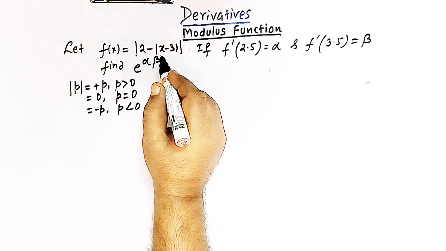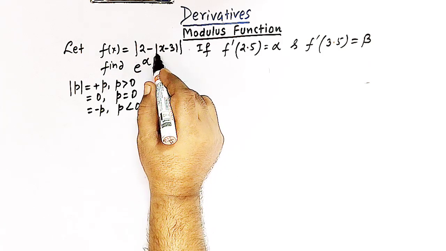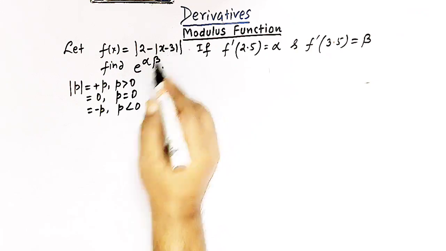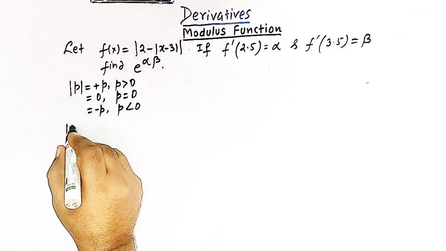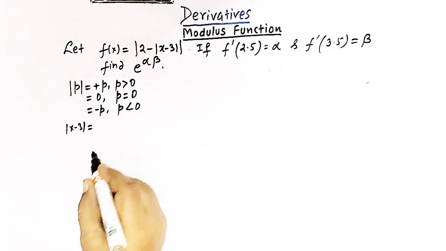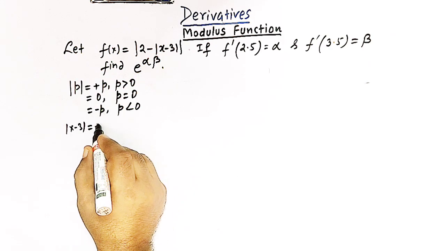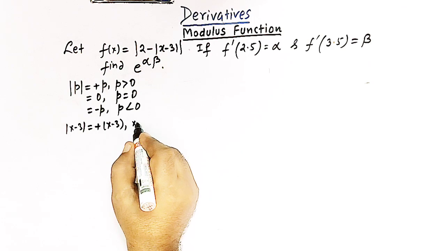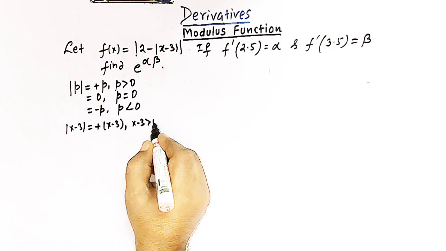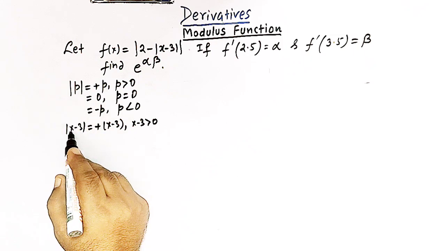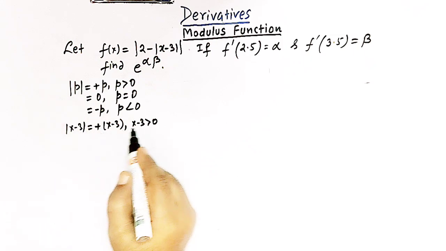And we try to express this function f of x as a linear function using this definition of mod function, right? So first we'll take care of this mod function, that is mod of x minus 3. So mod of x minus 3 is defined with the help of this definition. So mod of x minus 3 is positive x minus 3 whenever x minus 3 is greater than 0, right? So for p we can take here x minus 3, right?